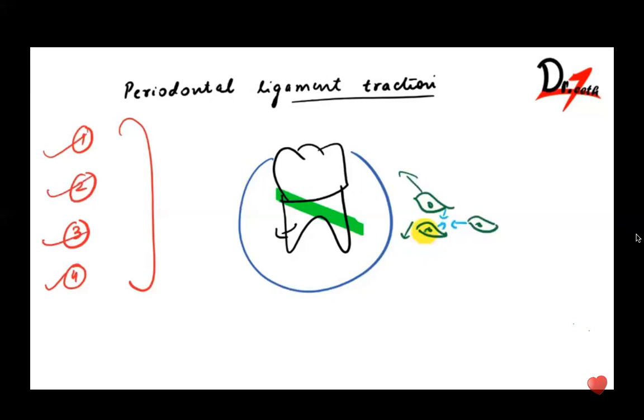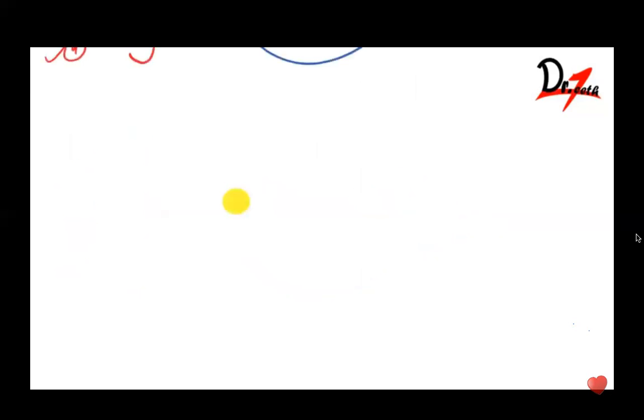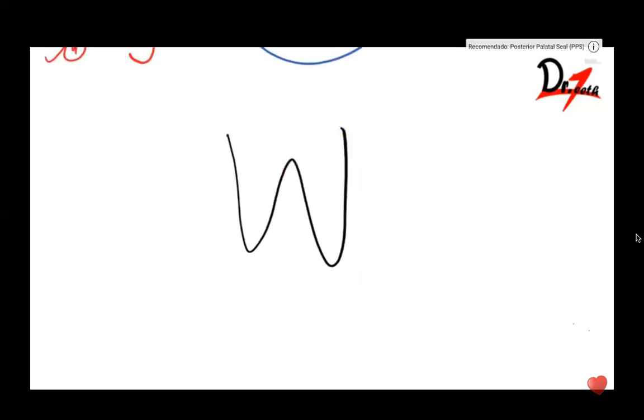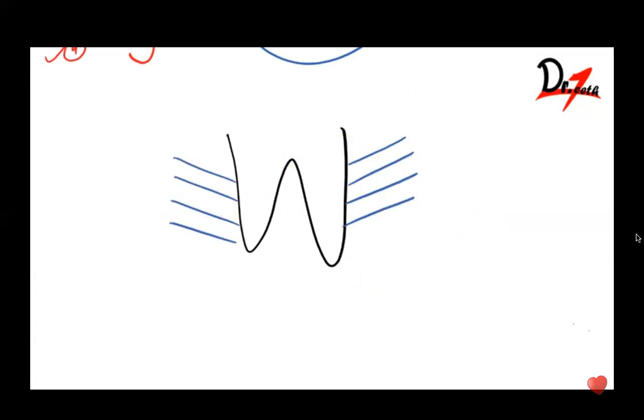Imagine this. Let's say we have our root here, let's say we have collagen here, and let's say we have a fibroblast here.